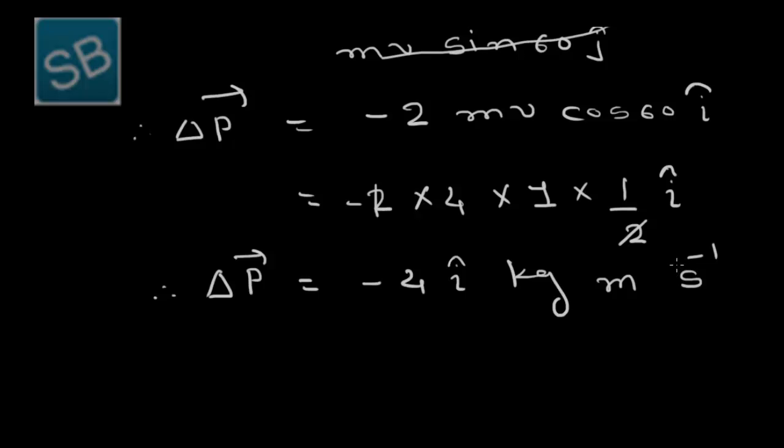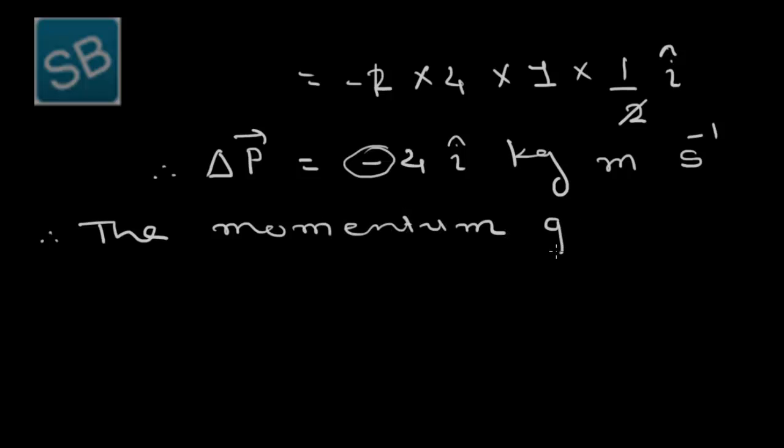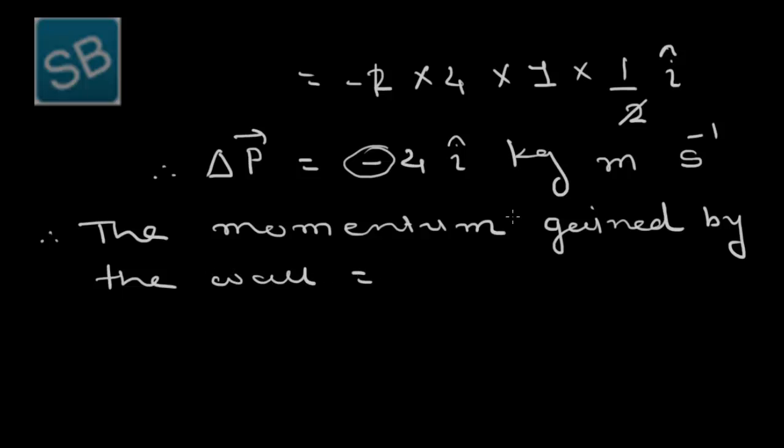So the momentum gained by the ball is, as this negative sign suggests for the wall, the repulsive effect taking place at the side of the ball. Therefore the momentum gained by the ball is equal to 4 i cap kilogram meter per second.